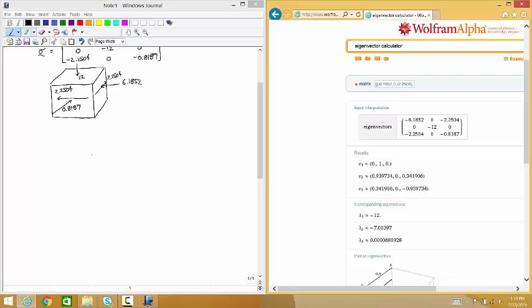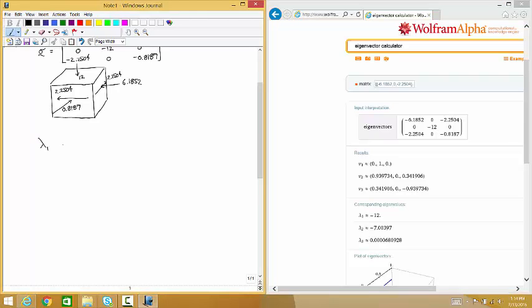So let me draw these. Our coordinate system, well, let me write out the values first. Lambda 1 is negative 12, and that corresponds to 0, 1, 0.